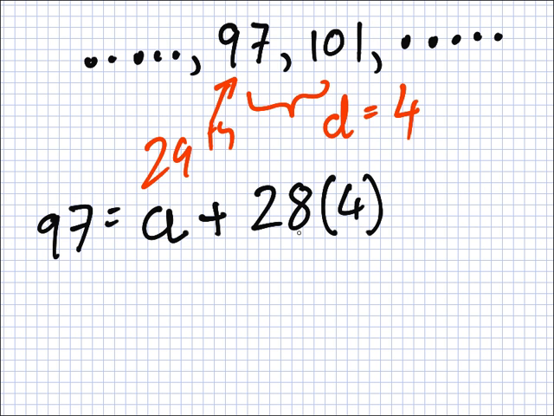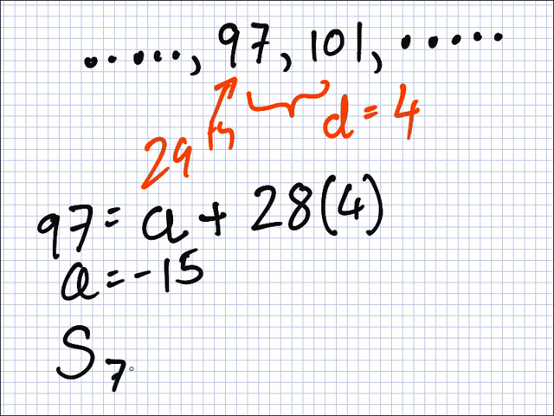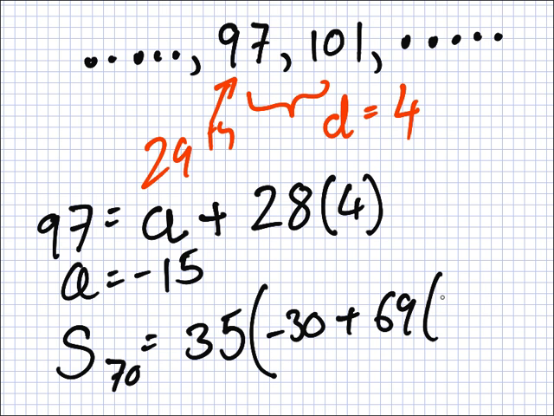So what does that give us for the a then? Minus 15. And so the sum of the first 70 terms is n over 2, 2a plus n minus 1 times 4. And so what is that then? 861.